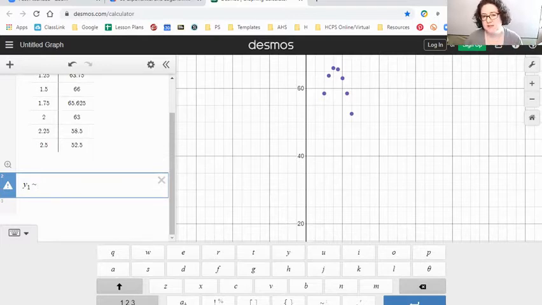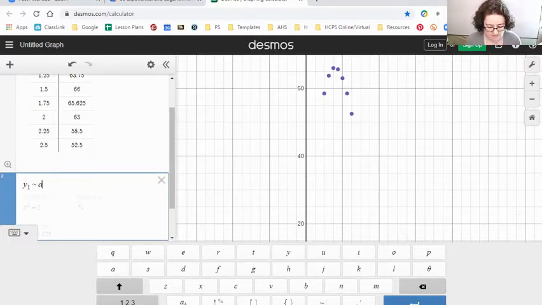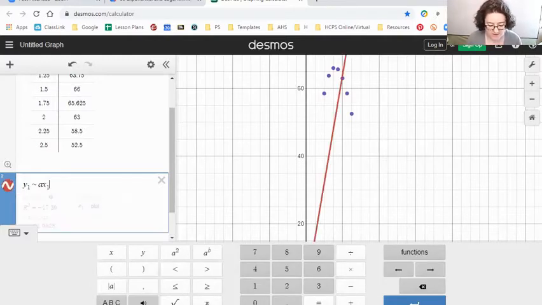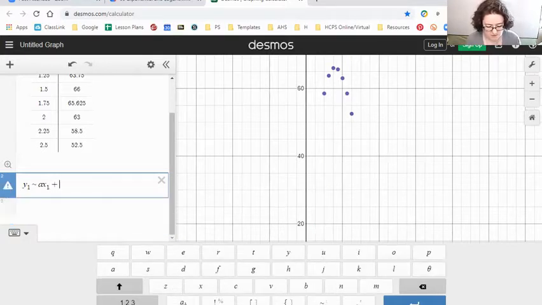Okay, we're going to use standard form, which means ax squared plus bx plus c. So we have an a, and then I need to type in x, but I need to do x sub 1. Same thing, if I just type in a 1 right next to it, it automatically assumes that's what I'm referencing. Alrighty, so then we need plus. If we're doing a quadratic though, I need to square that, right?